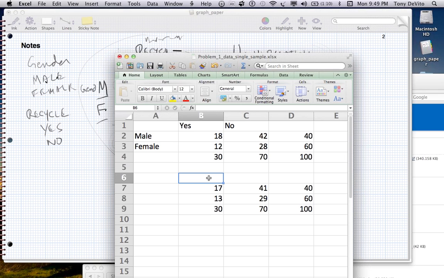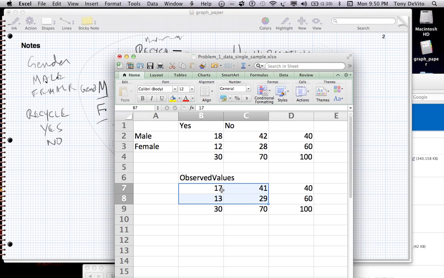This table might represent my actual values or my observed values. My observed values are the ones that I actually find in the field, where I actually do a survey and get results.